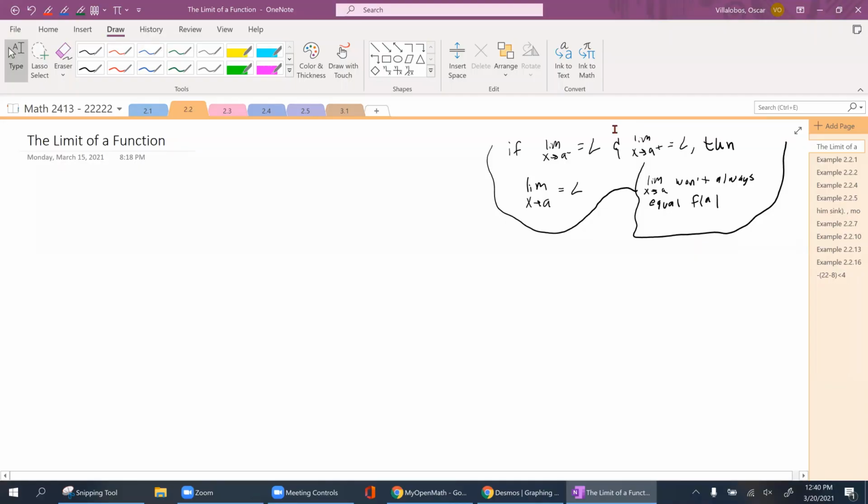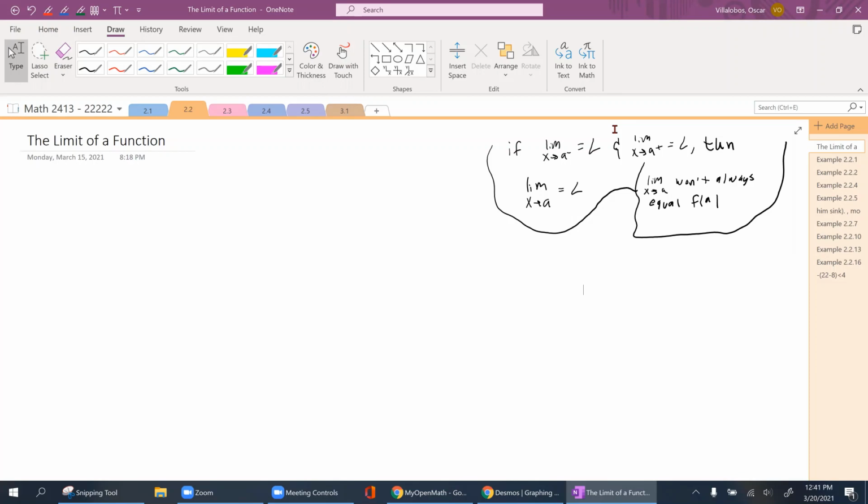This section is going to be section 2.2, the limit of a function. The limit of a function in your book is on page 135. By now you should have already read or skimmed that section to have an understanding of what's going to be covered.